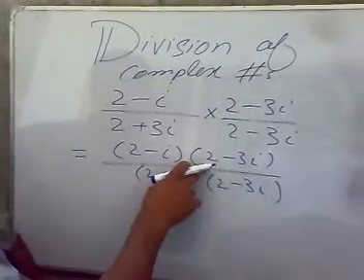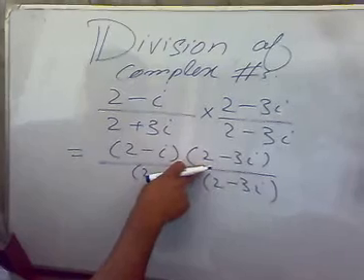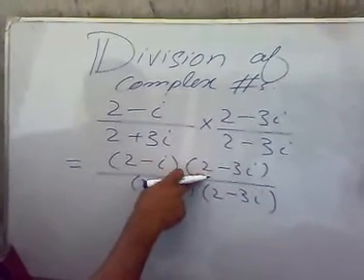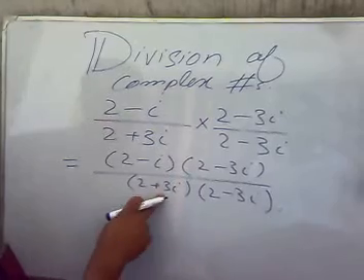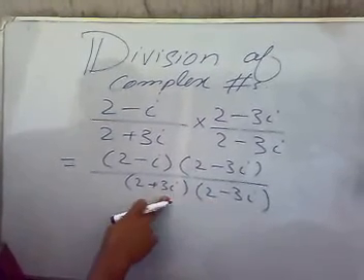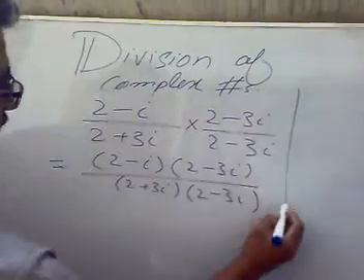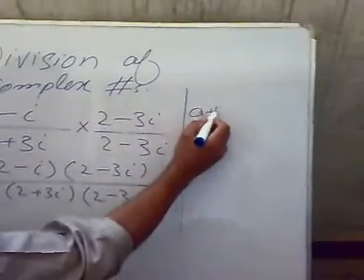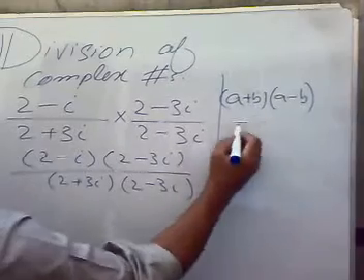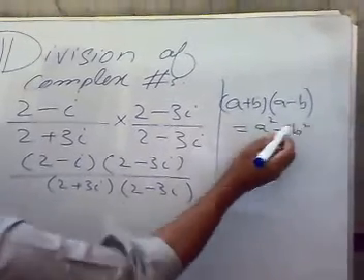Now simple multiplication will be performed as we have already told in the previous lecture, and if you haven't seen it, you must see it first. Here we can also use a formula, and that formula is a plus b into a minus b equals a square minus b square.